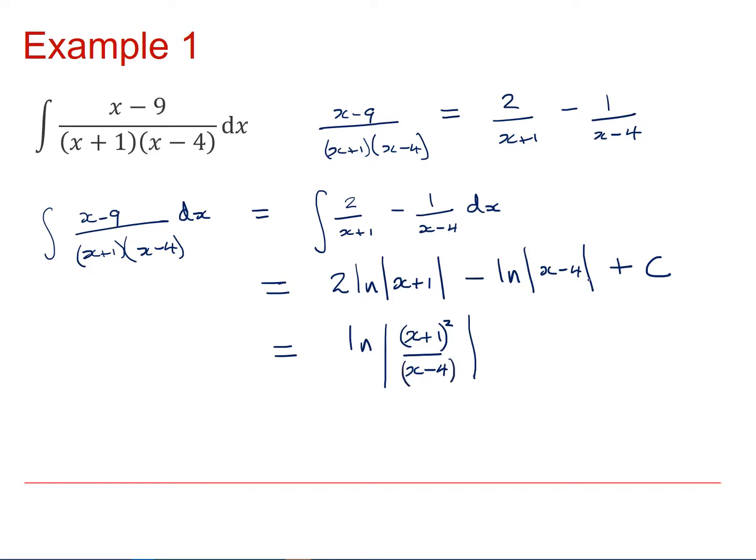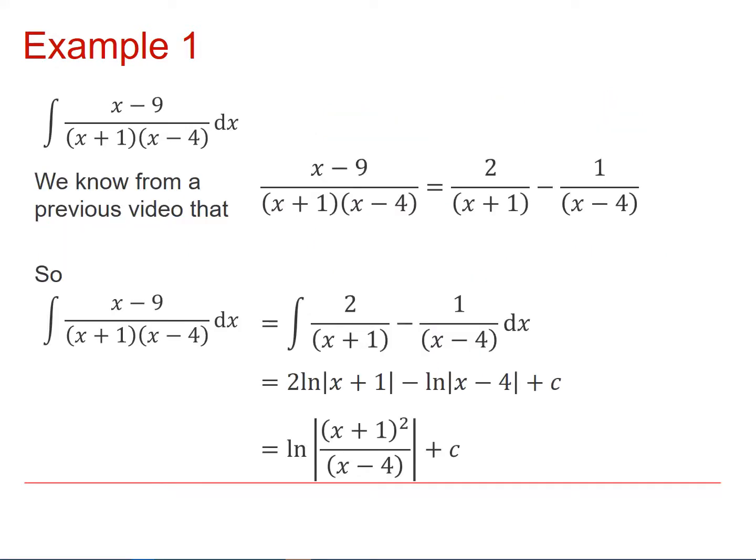So this thing becomes the log of (x plus 1) squared, because of the 2 outside, divided by (x minus 4), because we're taking away this log. And of course, I need my constant of integration. There's that, tidied up slightly for you.